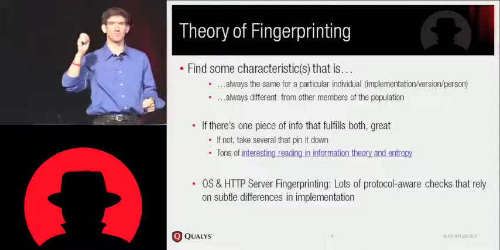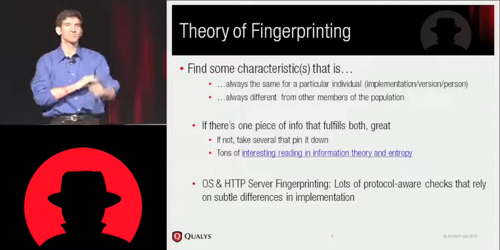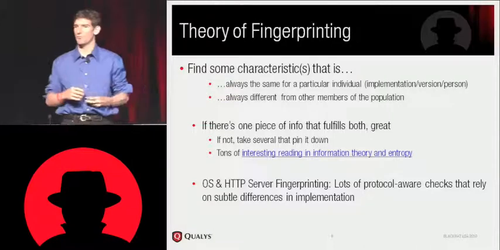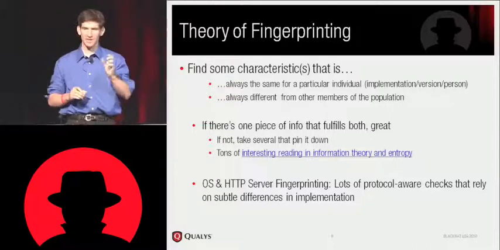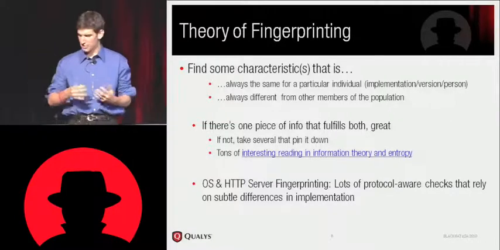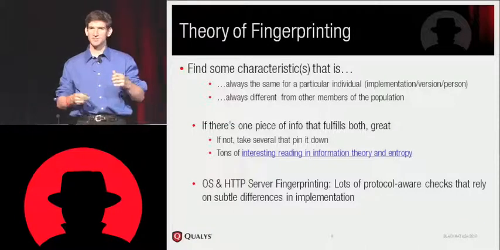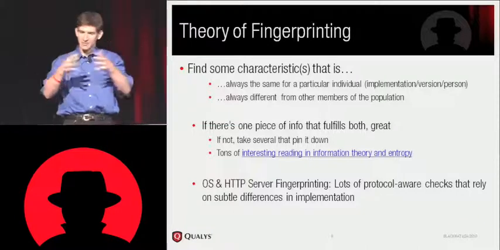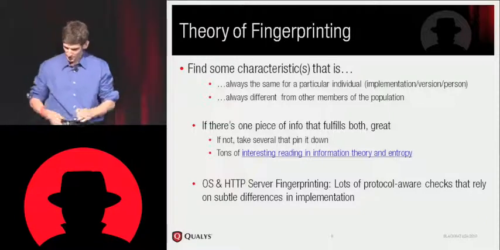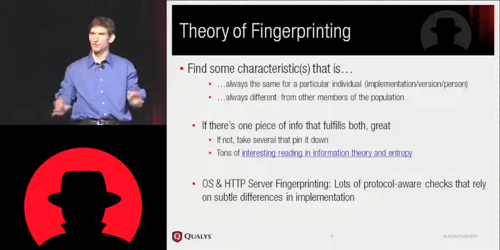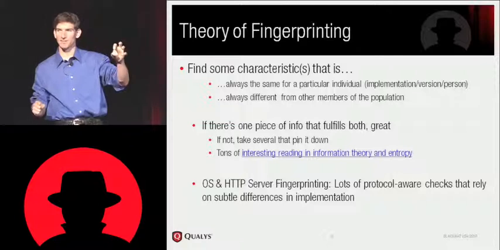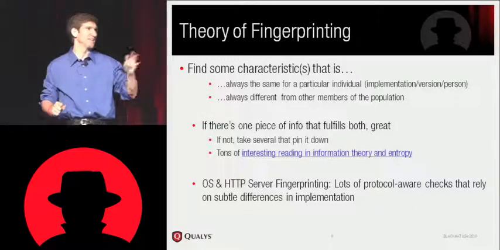If it's, for example, an operating system or an HTTP server, a lot of the logic on that relies on sending slightly malformed packets, maybe several different aspects of the packet that don't conform, and seeing which errors come back. And often you need to try a whole bunch of different things, and then the intersection of those can give you more information than any one. So OS and HTTP fingerprinting are very well-known standard tools in the toolkit. What we're doing is providing that technology, that tool in your toolkit at the application layer.